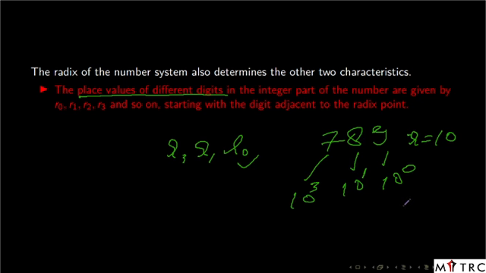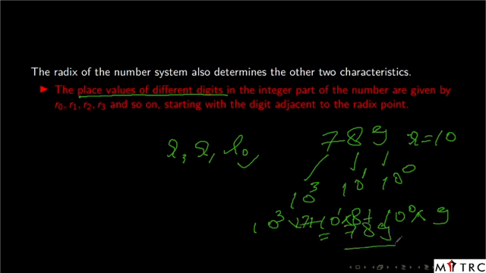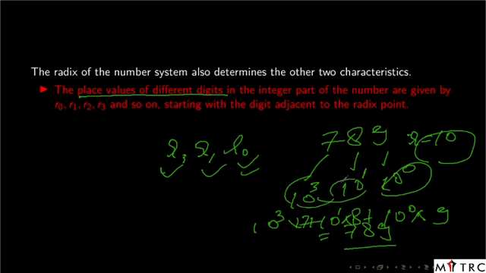The resultant value is written as 10 to the power 0 into 9, plus 10 to the power 1 into 8, plus 10 to the power 2 into 7, equal to 789. In this way we see the place value and the weight are defined by the radix, R equal to 10.